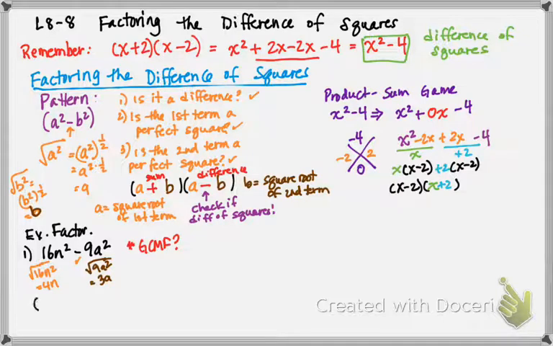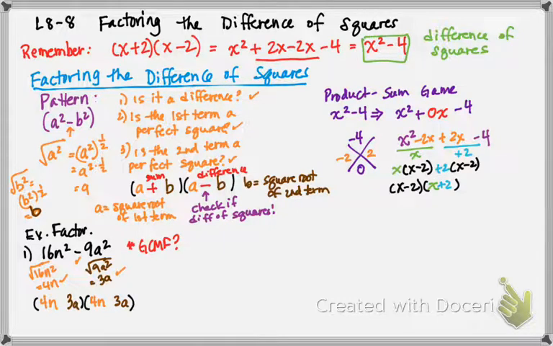So then I'm going to go ahead and form my two binomials, since it meets all three criteria. Yes, yes. So square root of the first term is 4n. So 4n is going to go in the front of both. And then square root of the second term is 3a. That's going to go in the back of both binomials.